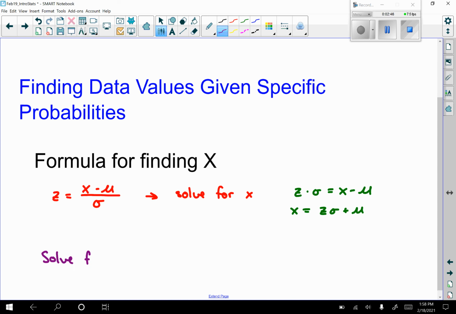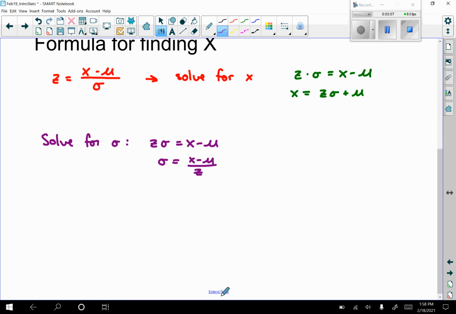Let's now solve for the standard deviation. So again, I would multiply both sides by it, and then just divide by z. So if the standard deviation is ever missing, all we do is still x minus mu, but we divide by z.